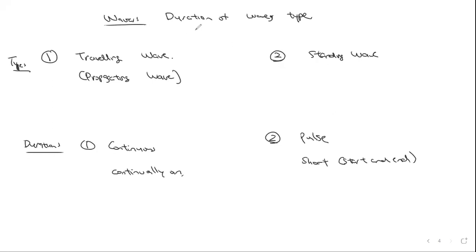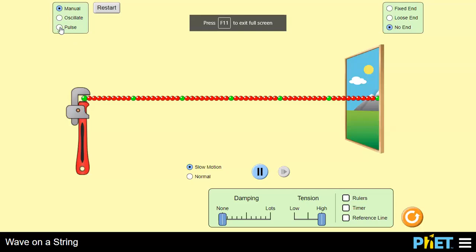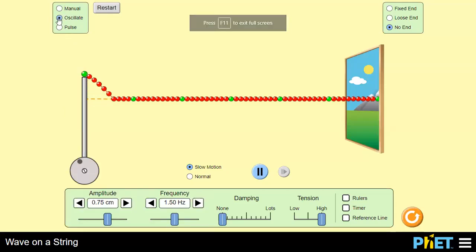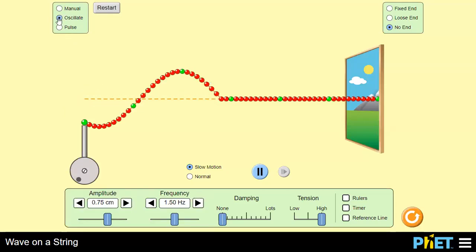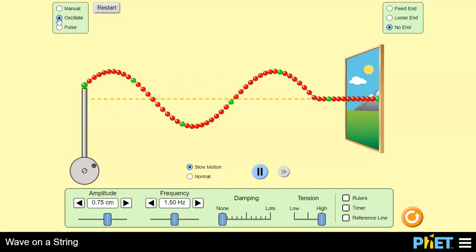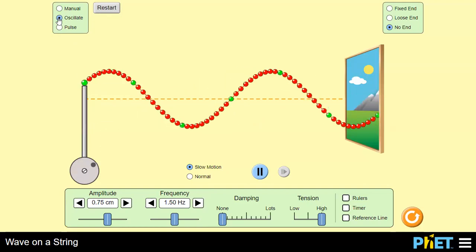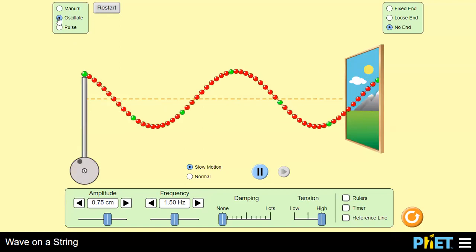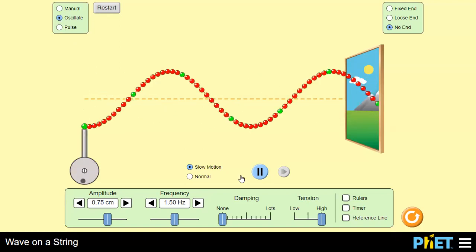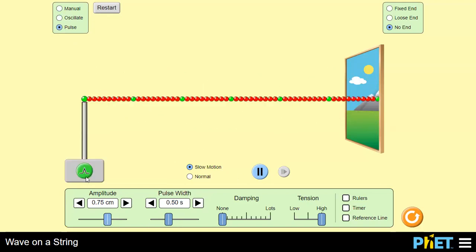What might that look like? Well, the difference might be something like this. Something like this would be continuous, it just keeps going. Whereas a pulse might look more like this.